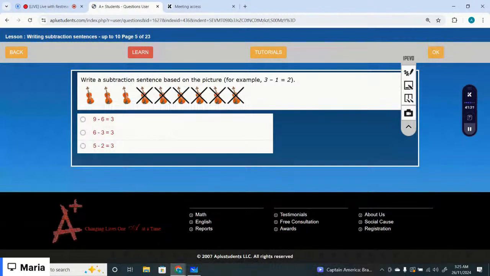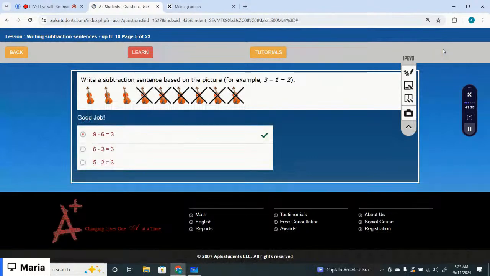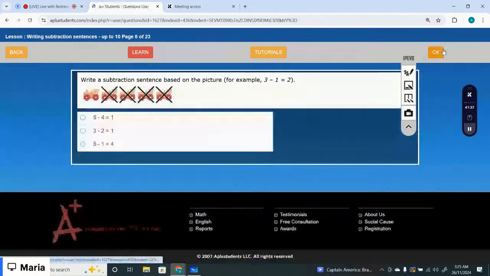That is 9 take away 6 is 3. The total, they are 9, and the correct option is 9 take away 6 is 3. Option number 1 is the correct option.